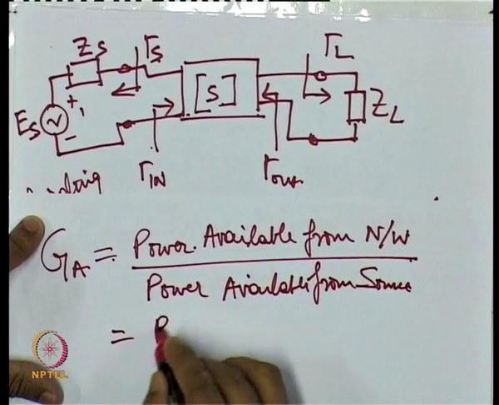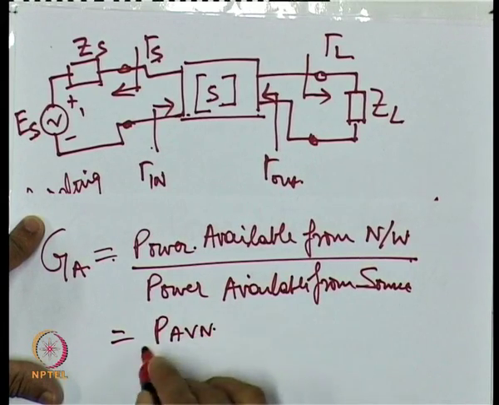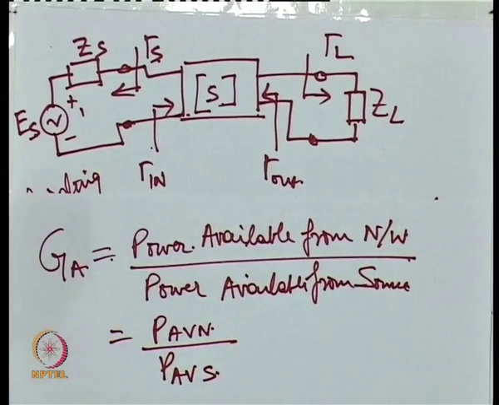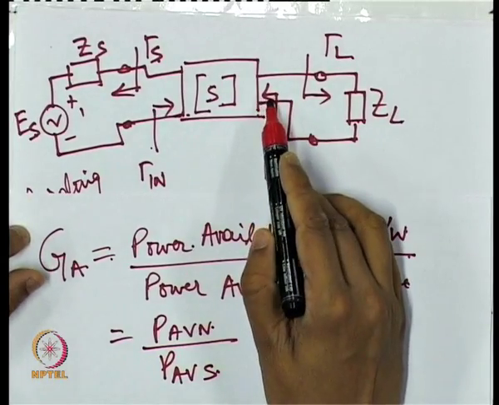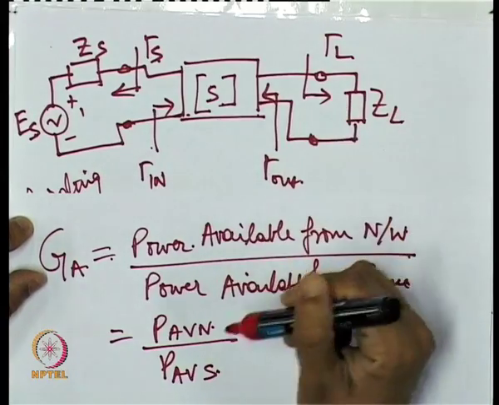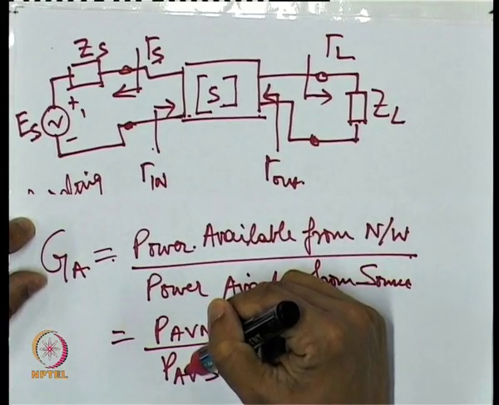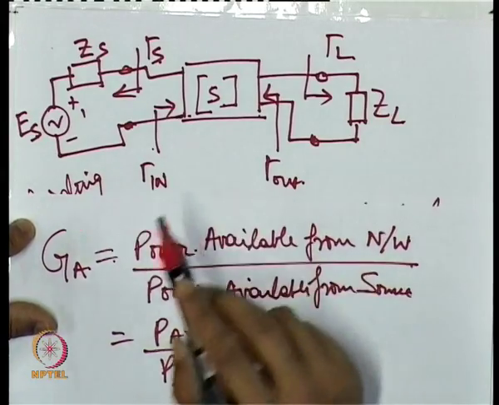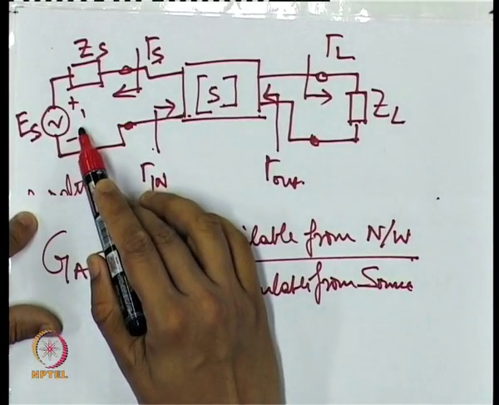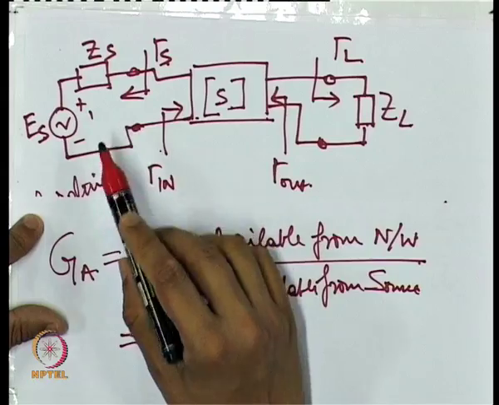So this is equal to PAVN upon PAVS. So PAVN is the power available from the network, which basically means the maximum power that can be supplied by the network to the load, and PAVS is the power available from the source. It basically means the maximum power that can be obtained from the source.